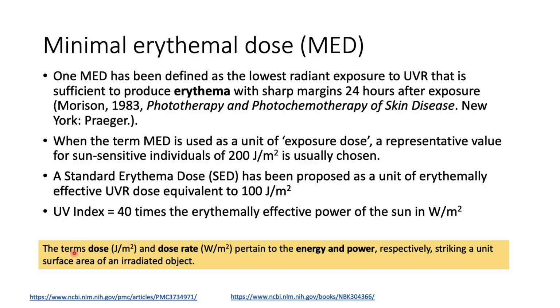So this is the unit, and based on that we say what the UV index is on that particular day. The terms dose and dose rate pertain to the energy and the power respectively of the striking UV radiation on a surface area of the irradiated object, that is, per unit surface area.